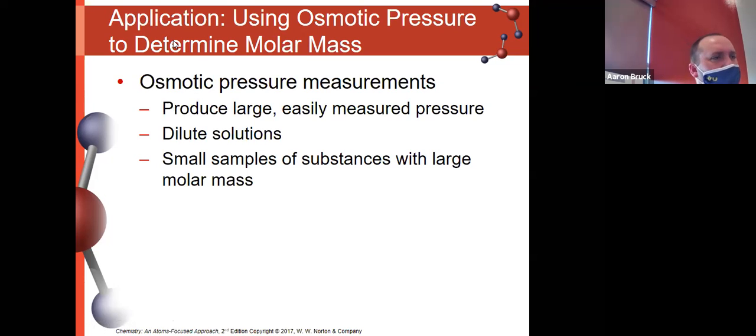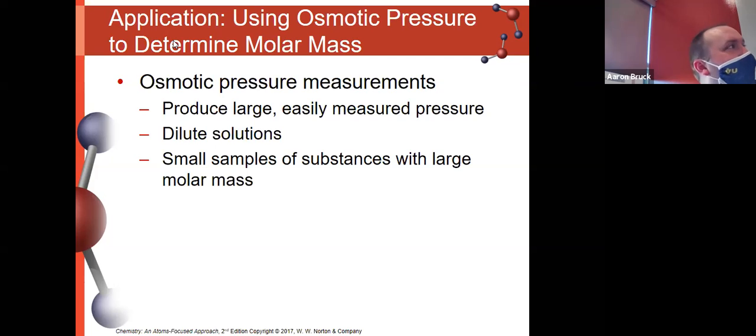Now, there's one other thing that we can do, and it spotlights something that I highlighted just briefly. Because osmotic pressure gives us very measurable pressures at very low concentrations, we can actually use that data to help figure out molar masses of unknowns.